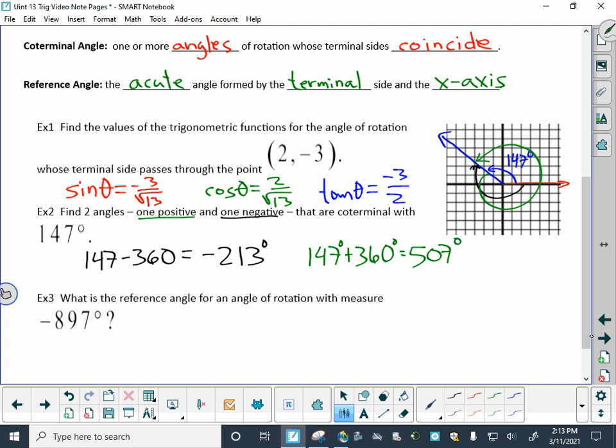I could keep subtracting 360 from this. If I took another 360 off of there, I'd have negative 573 degrees. That is also coterminal. I could add another 360 onto this. That'd be 867 degrees. That is coterminal with 147 degrees.